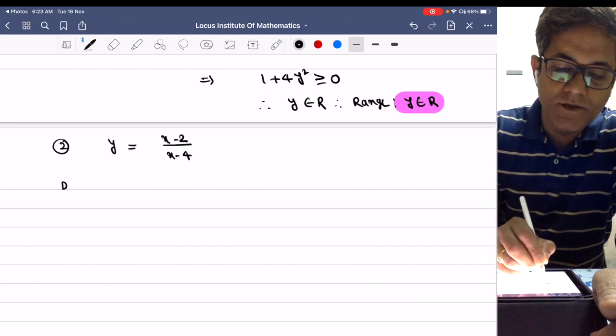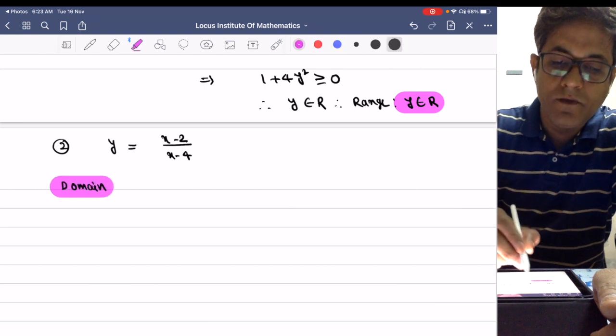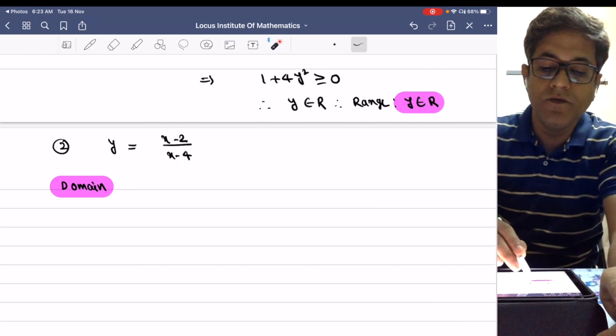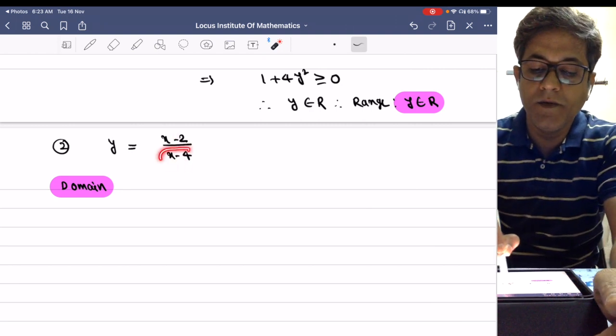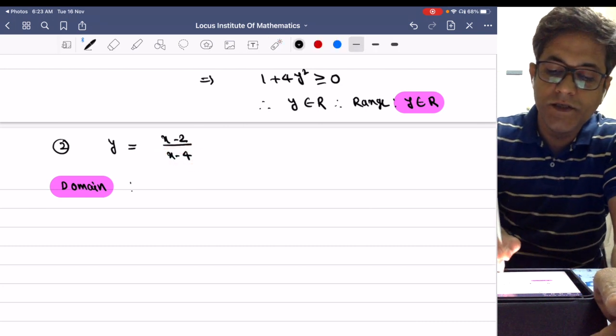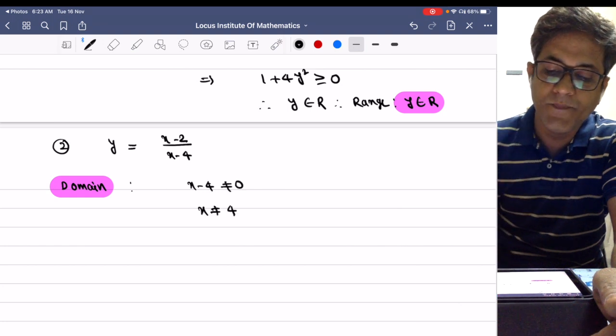So first find the domain of the function. To find the domain, y is equal to (x minus 2) over (x minus 4) is well defined when the denominator is not equal to 0. So here the condition is x minus 4 should not be equal to 0. Therefore x is not equal to 4.